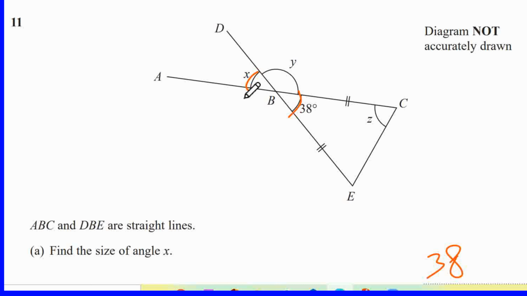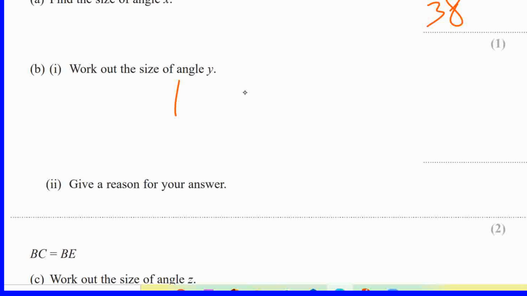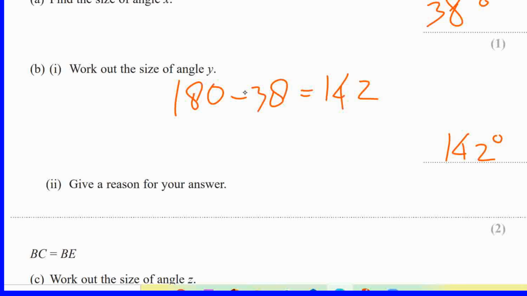We see that this is a straight line. This is 38 plus y will be 180. So angle y will be 180 minus 38, and we will get 142 degrees.